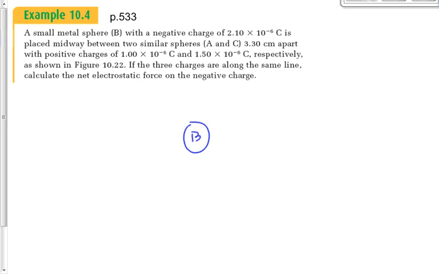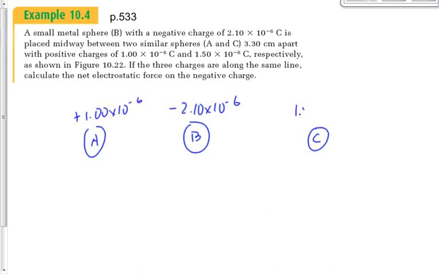Sphere B, negative 2.10 times 10 to the minus 6, is placed midway between A and C with positive charges of 1.00 times 10 to the minus 6 and 1.50 times 10 to the minus 6 coulombs, respectively. The three charges are all along the same line. What's the net force on the negative charge? In other words, what's the net force on this guy right here, charge B?